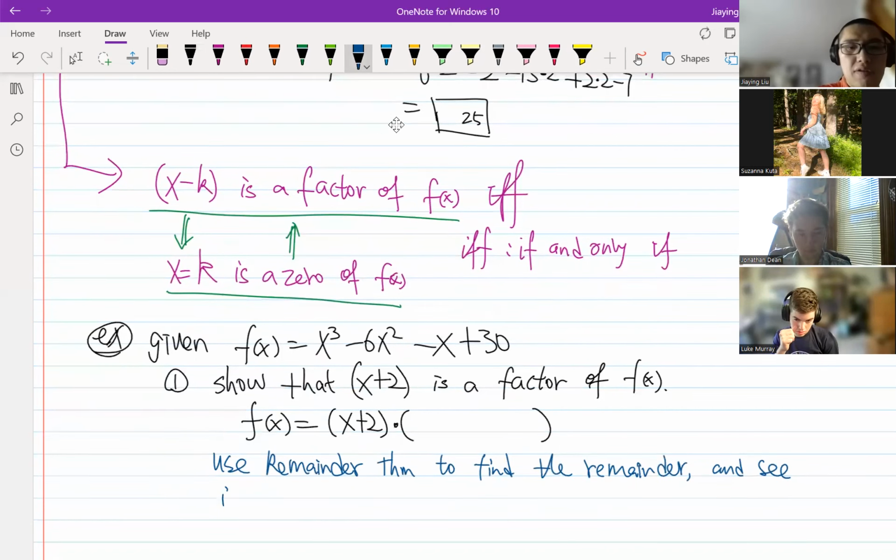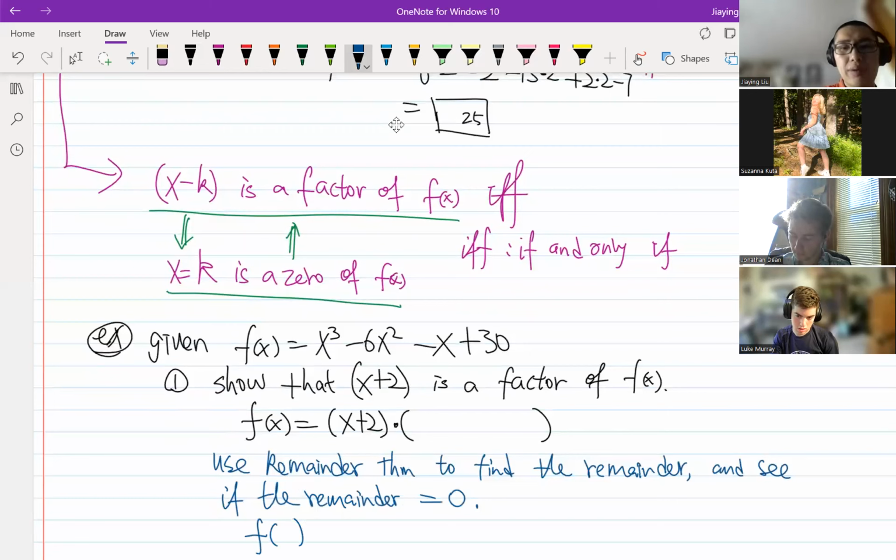If the remainder equals 0, then x plus 2 is a factor. So what we're going to do quickly is find f of the number we're going to put into the parentheses, which is not positive 2. We want to show x plus 2 is a factor, so we're going to take the number opposite from the parentheses. Instead of positive 2, we're going to put negative 2 into the function.